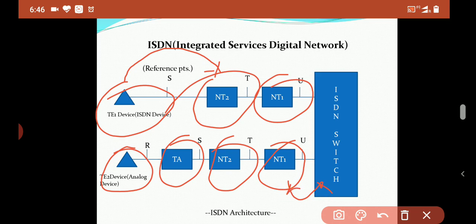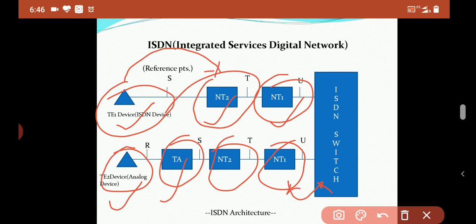Now, what is TE1? TE1 is terminal equipment type 1, whereas TE2 is terminal equipment type 2, NT2 is network termination 2, NT1 is network termination 1, and TA is the terminal adapter.